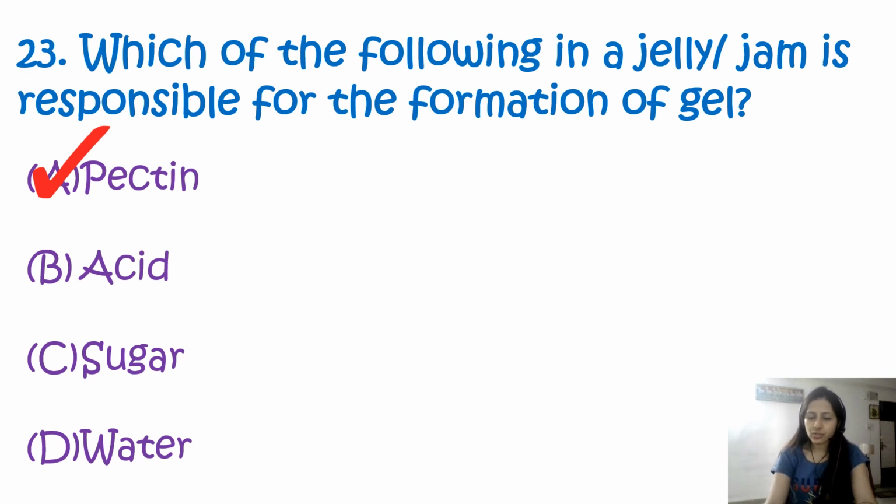When these are heated with sugar and lemon juice, the acids, pectin forms a gel-like matrix, which gives a jam or jelly its characteristic texture and structure. The acid as well as the sugar also plays an important role in the gelling process, whereas pectin is the primary agent responsible for formation of the gel. That is why option A will be my correct option.